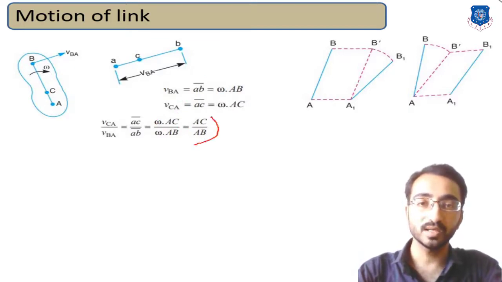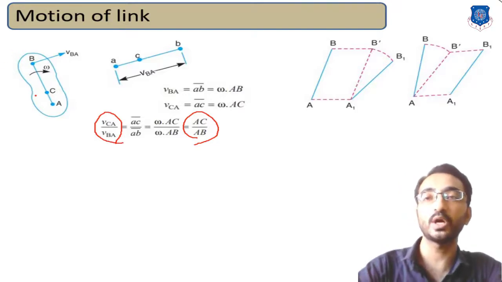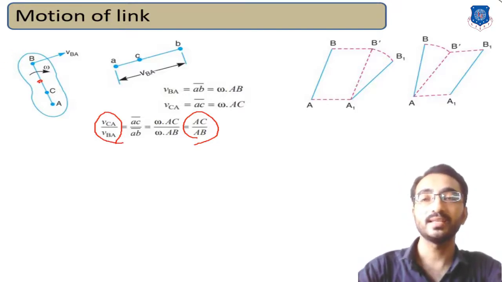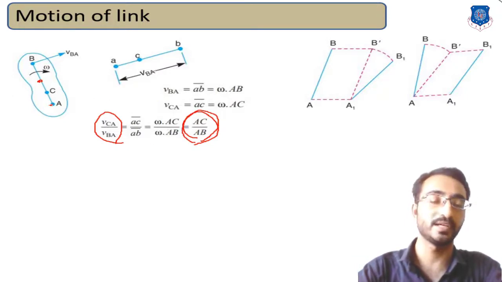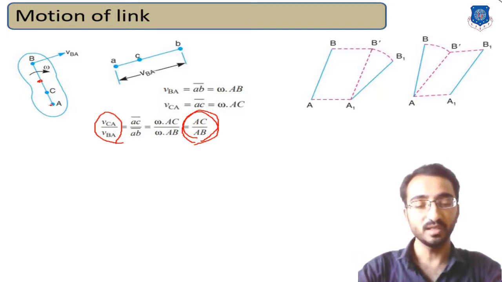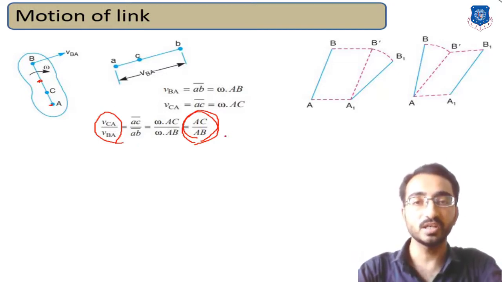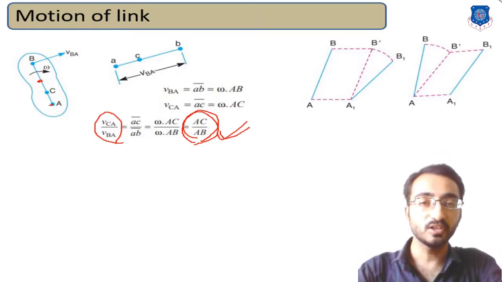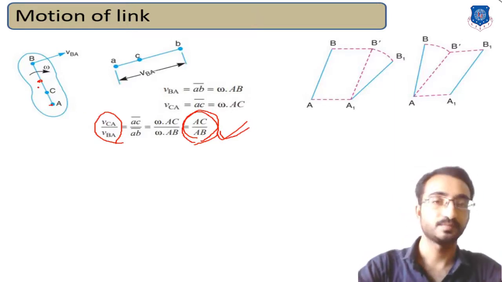In this way, if you want to calculate the velocity of any point on a rigid link, you can use the ratio of the distances from the reference point. This equation is very essential to calculate the velocity of any point on the rigid link.